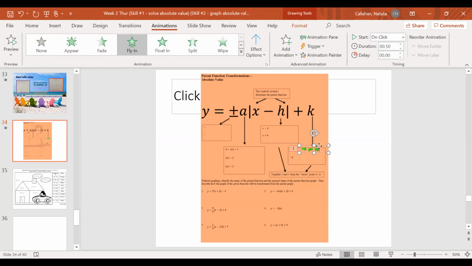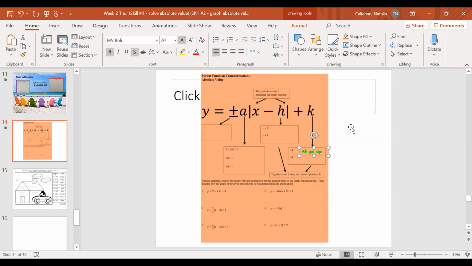Okay, so positive K means you simply just go up. Okay, similarly to that, if it is a negative K, it means you go down.